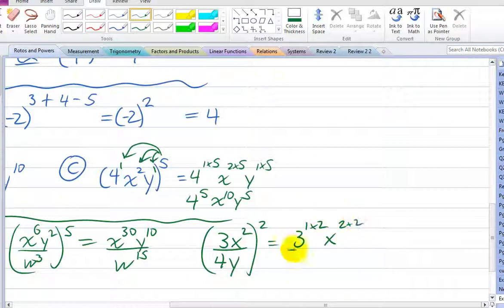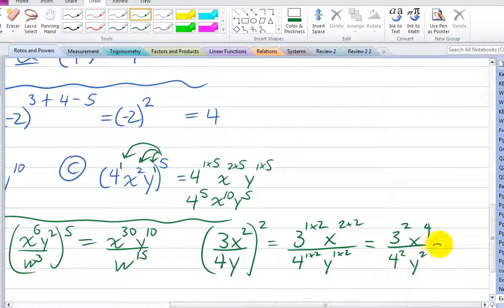I'm showing tons of work here because a few people are away, so when they see the notes, I want them to know what we did. Okay, and so that equals 9x4 over 16y squared. Thumbs up, thumbs down, in the middle. Let me know. Okay, good.